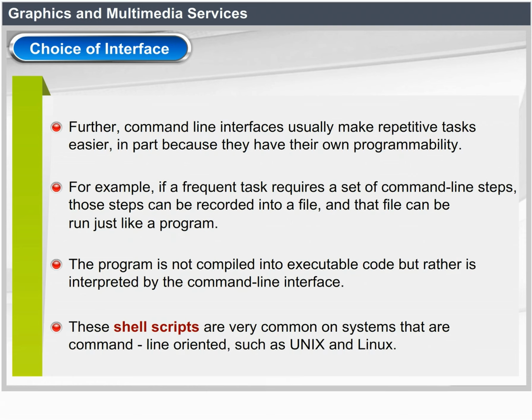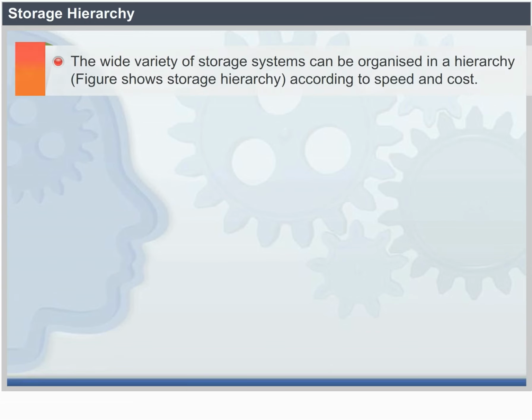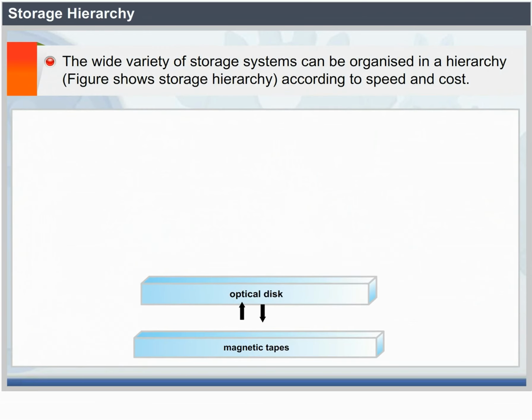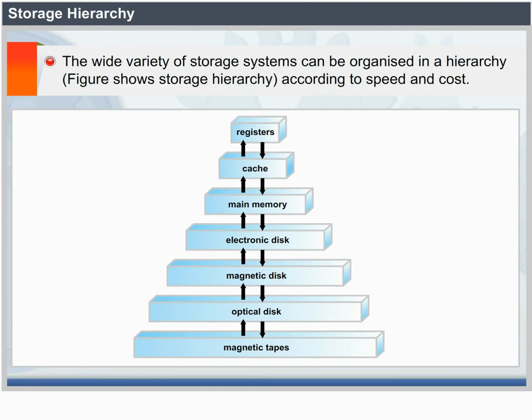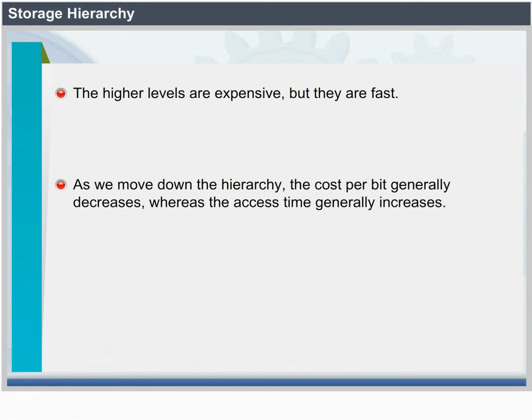Storage hierarchy. The wide variety of storage systems can be organized in a hierarchy. The figure shows the storage hierarchy according to speed and cost. The higher levels are expensive, but they are fast. As we move down the hierarchy, the cost per bit generally decreases, whereas the access time generally increases.